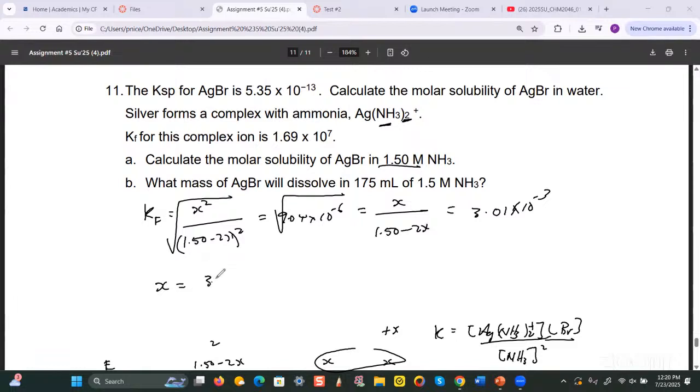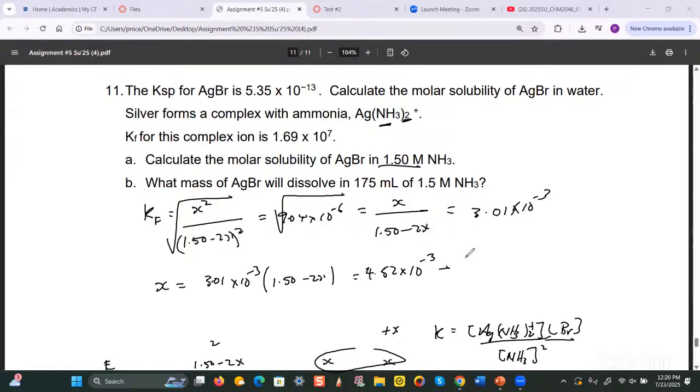So 3.01 times 10 to the minus 3 times 1.50 minus 2x. And then the next step is we distribute, so 3.01 times 10 to the minus 3 times 1.5 gives you 4.52 times 10 to the minus 3, minus, and then 2 times 3.01 times 10 to the minus 3.